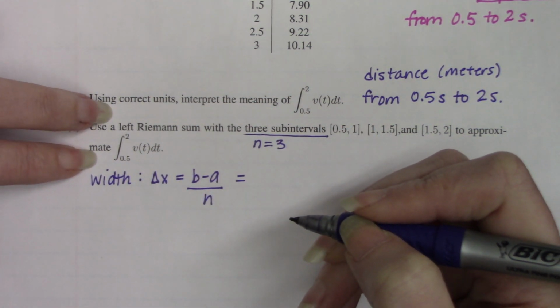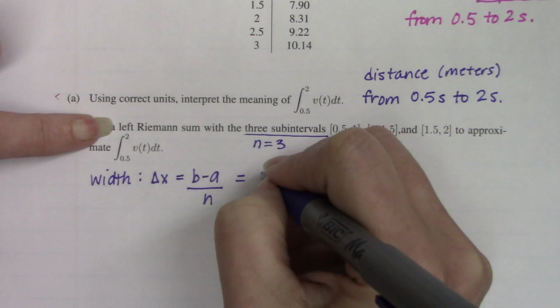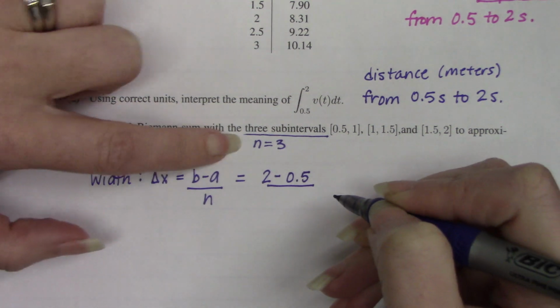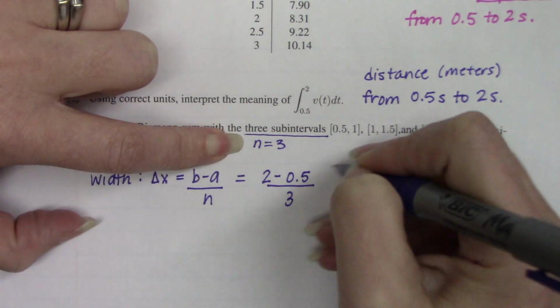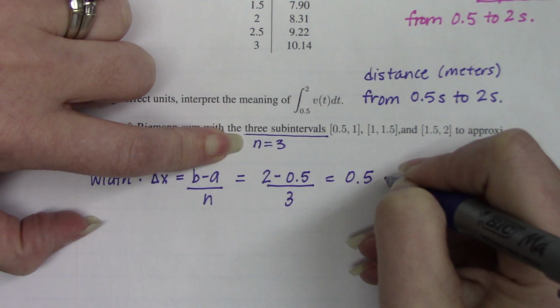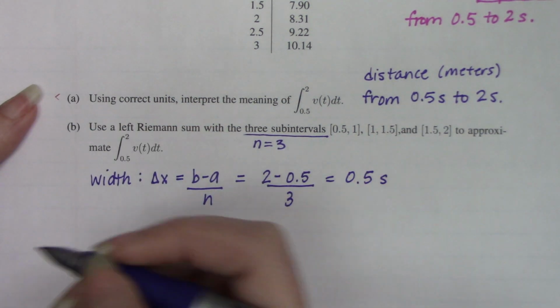From the integral, we can find our a to b bounds. So this is going from 2, starting at 0.5, and then we were given n equals 3 in the problem. So the width of each of our rectangles will be 0.5 seconds.